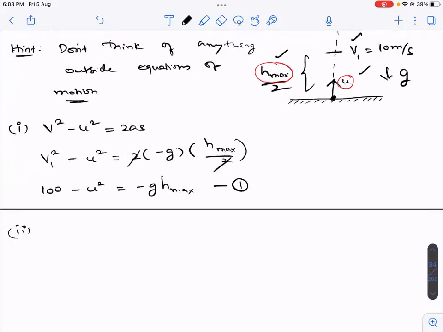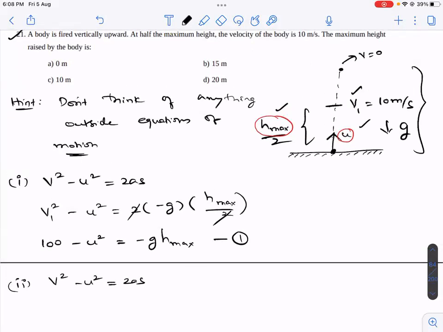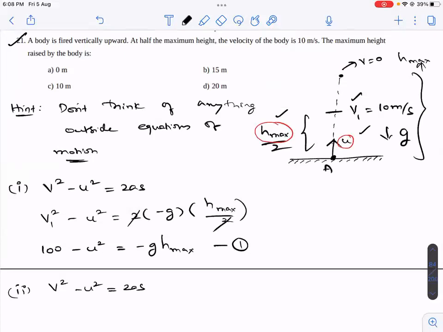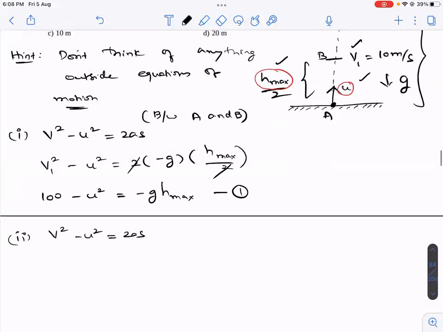Similarly, for the second case, applying v square minus u square is equal to 2as, for the total journey, if I call this h max. So when the object has gone from point A to point C, this is between point A and B, and this is between A and C. Then I can say 0 square minus u square is equal to 2 into acceleration due to gravity, still minus g, and displacement of the particle this time is h max.